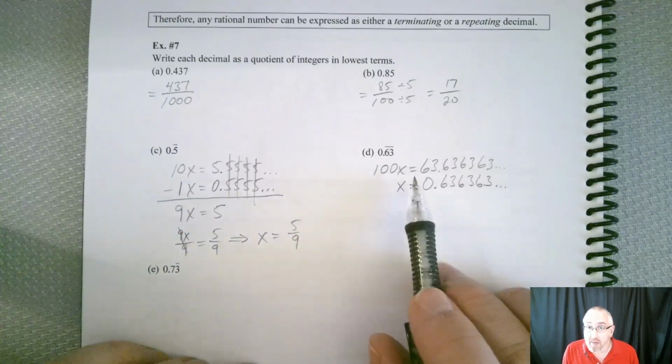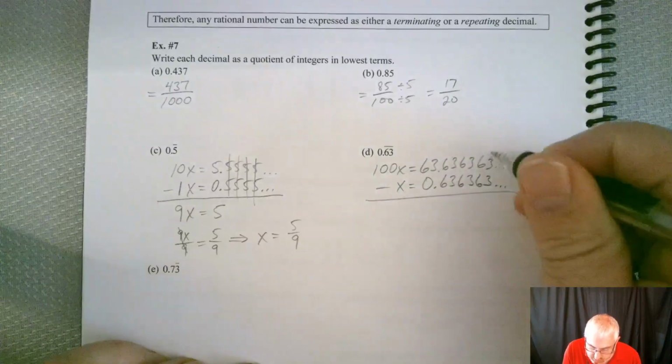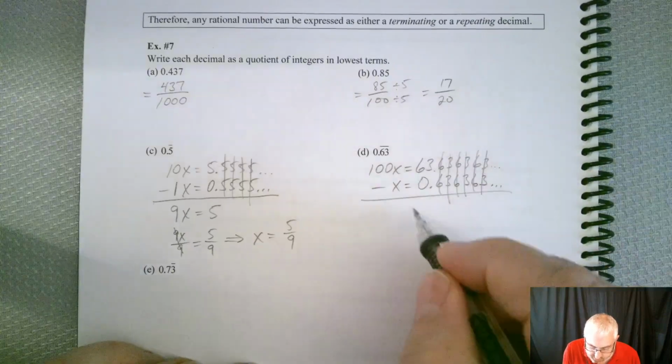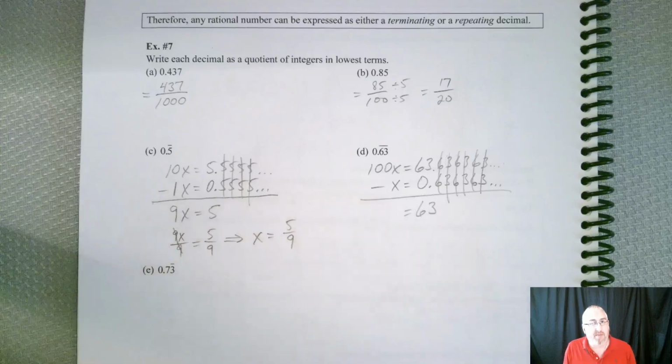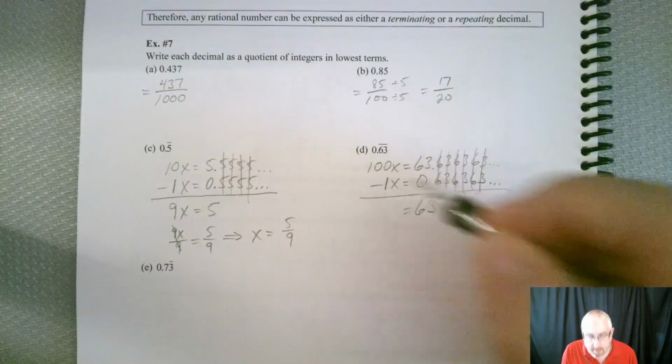So once you've done that though, now you can subtract again. So all of these decimal places cancel right up to the 63. And then what are we going to have on the left side? 100x minus x. And remember, this is still a 1x.